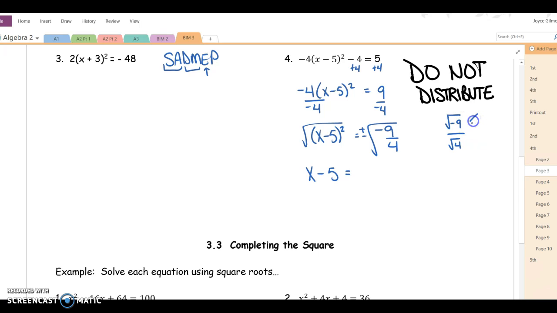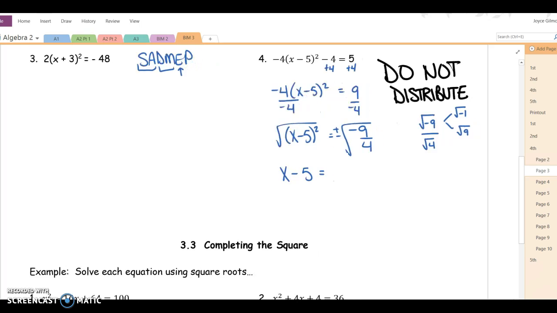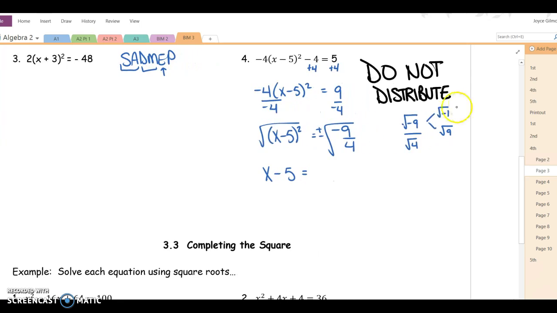How can we split up the square root of negative 9? Negative 1 and positive 9. The square root of negative 1 is i. The square root of 9 is 3. So the top part of this fraction is going to be 3i. What's the bottom part of this fraction going to be? 2. The square root of 4 is 2.